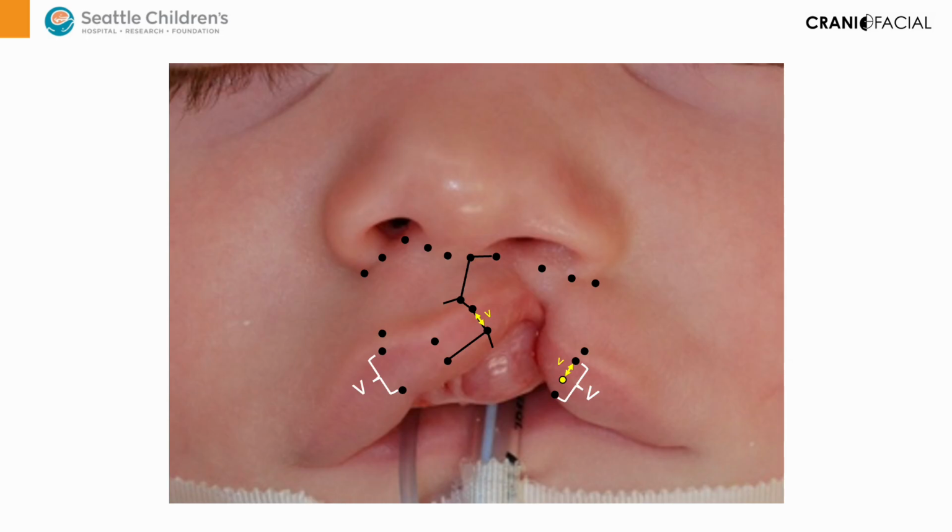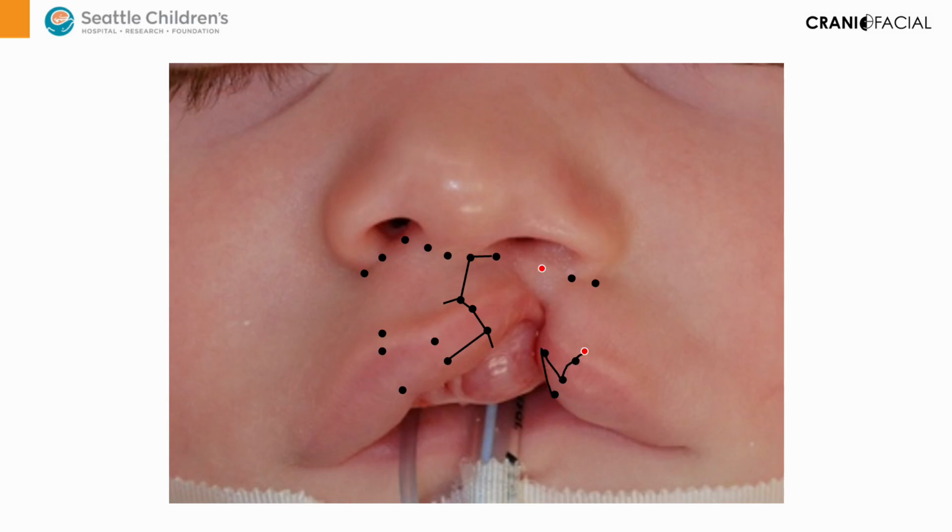And so you can take the deficient vermilion height on the medial side of the cleft and transpose it to the vermilion along Nordhoff point. Whatever remains then becomes the triangle that you use to augment the medial lip.